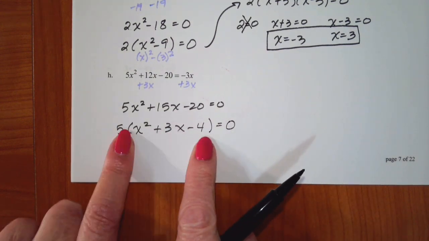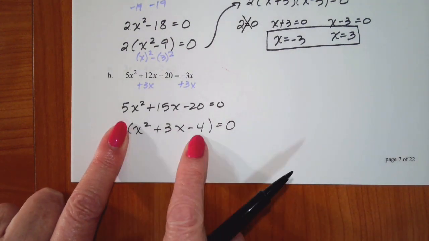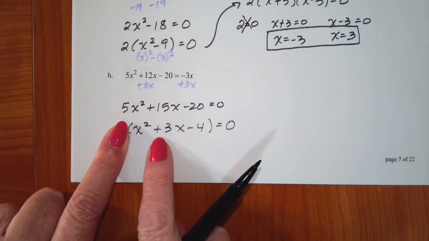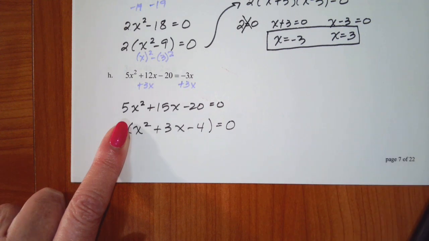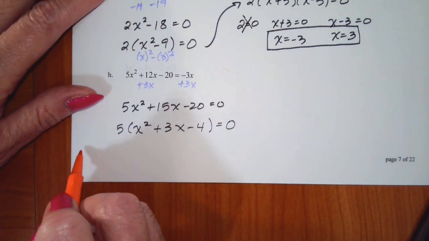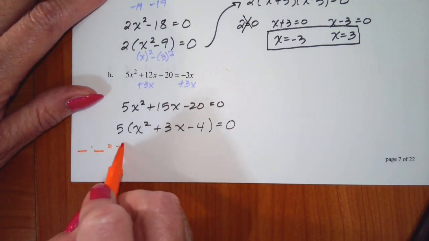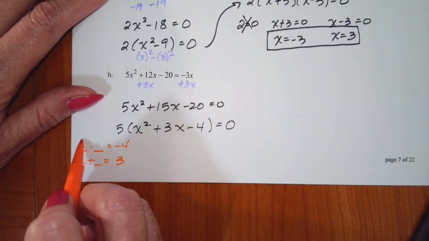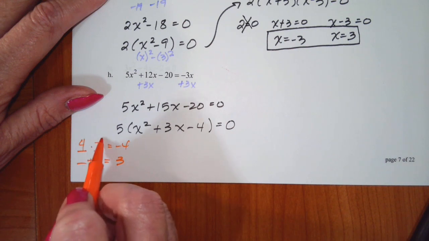Okay, since my leading coefficient is 1, I'm looking for two numbers whose product is -4 and sum is 3. Those are 4 and -1.